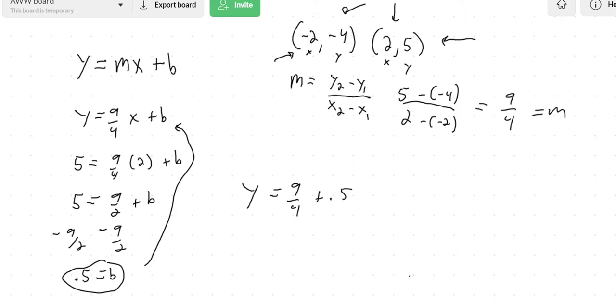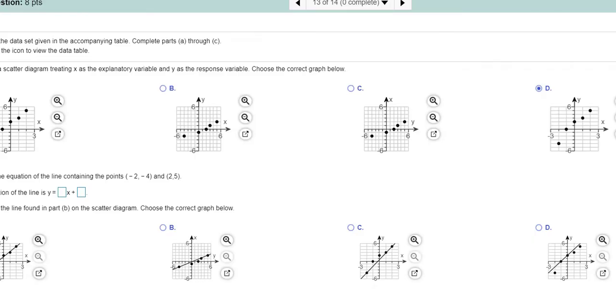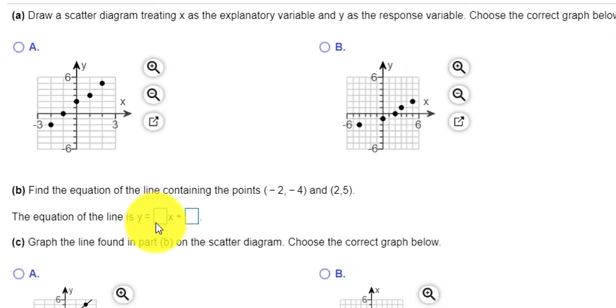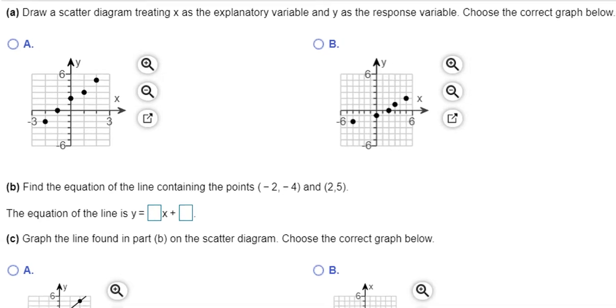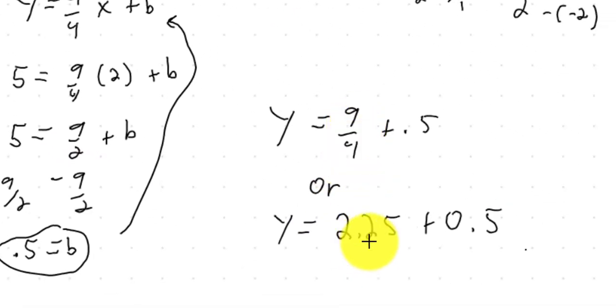I'm thinking we can write this a couple of ways. We could write this as a decimal or leave it as a fraction, right? I can leave this as 1 over 2 or as 0.5. They say y equals blank x, and it doesn't tell us if we should write in a decimal or a fraction. So I'm going to actually divide 9 over 4. If I divide 9 over 4, I get 2.25, and I forgot the x, right? 2.25x.